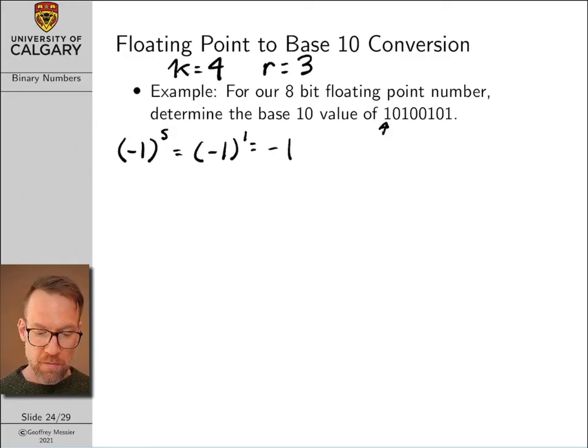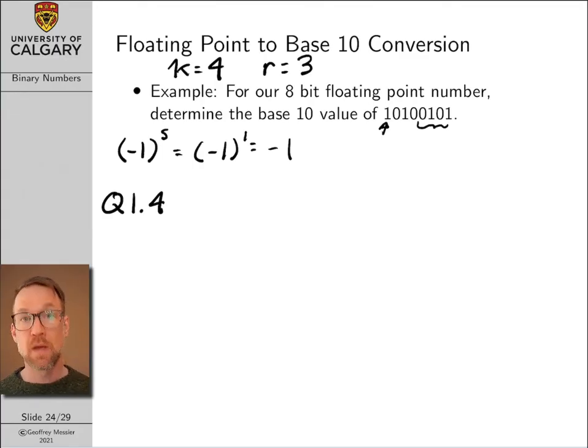Now we have 4 mantissa bits. Our mantissa bits are always the least significant bits on our floating point number. And our mantissa is always equal to a Q1.4 fixed point number, where 4 is the number of mantissa bits.